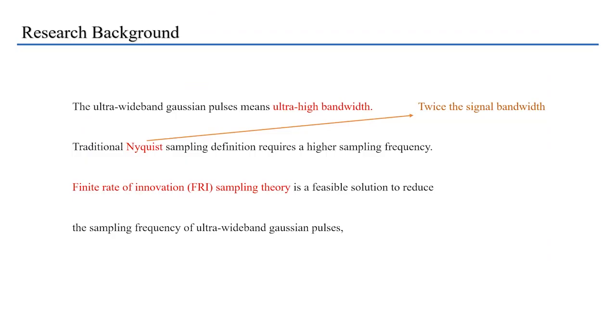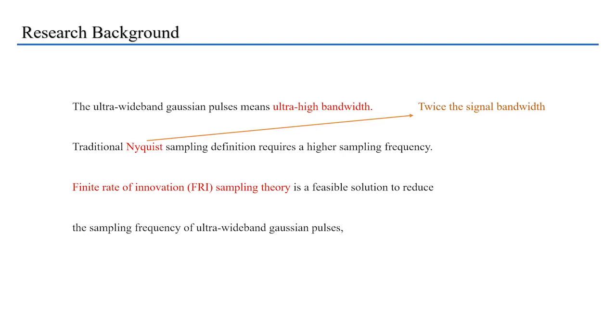The ultra-wideband Gaussian process means ultra-high bandwidth. According to the traditional Nyquist sampling theorem, the sampling rate must be greater than twice the highest frequency of the signal, so that the original signal can be restored without distortion.